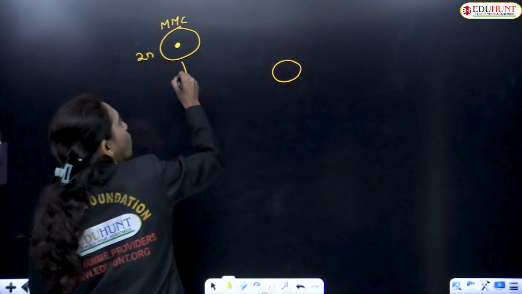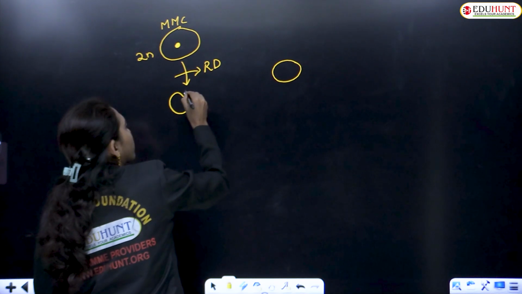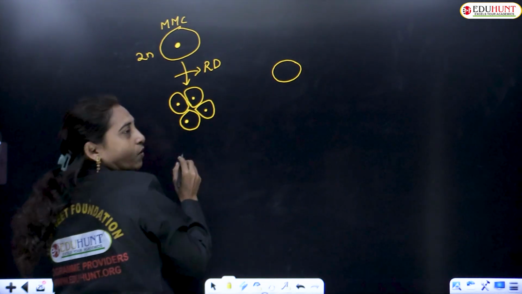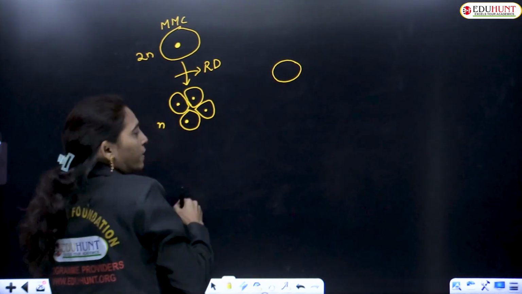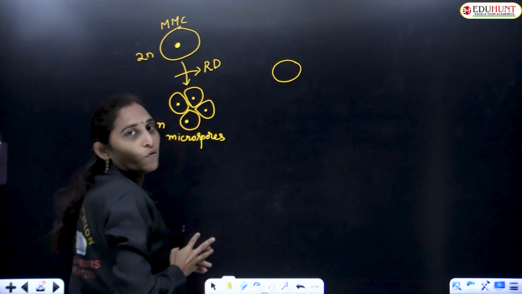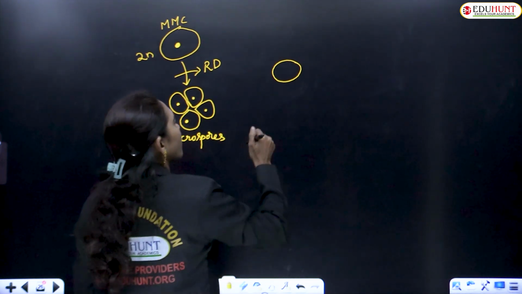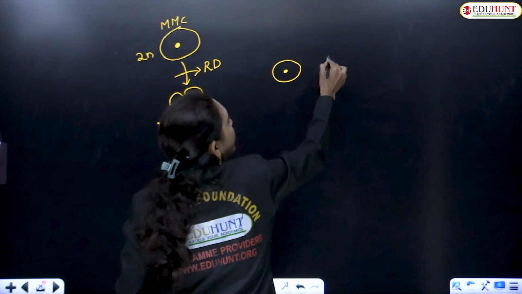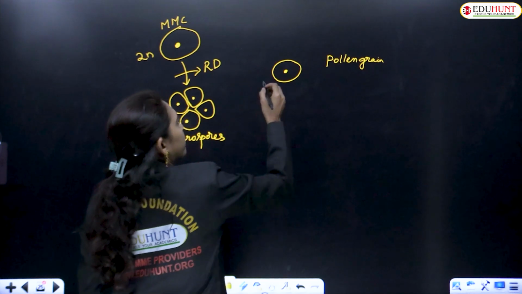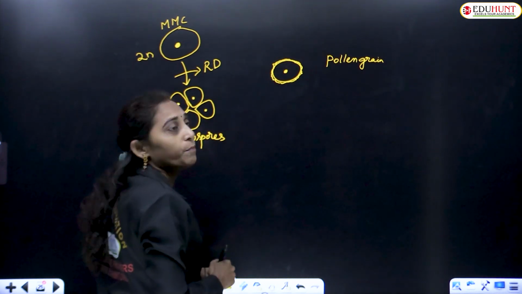Now this undergoes a reductional division, and this forms four haploid microspores. When these microspores detach from each other, now it is a pollen grain. This is the pollen grain.